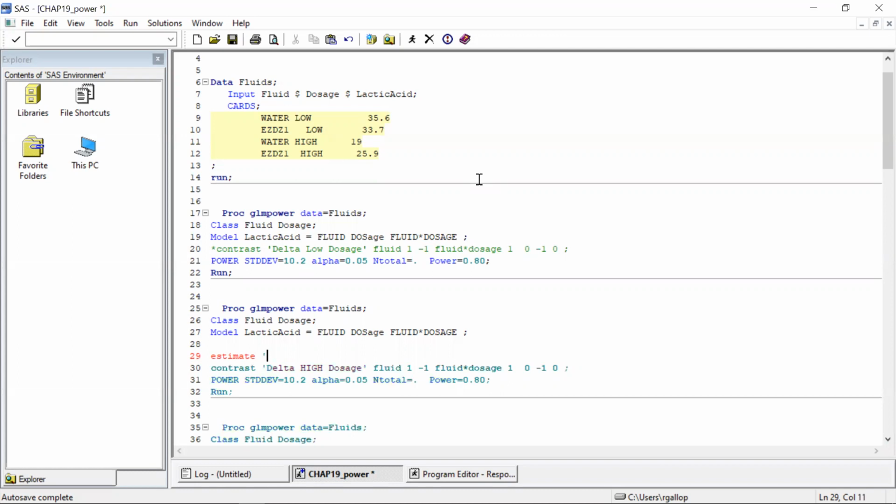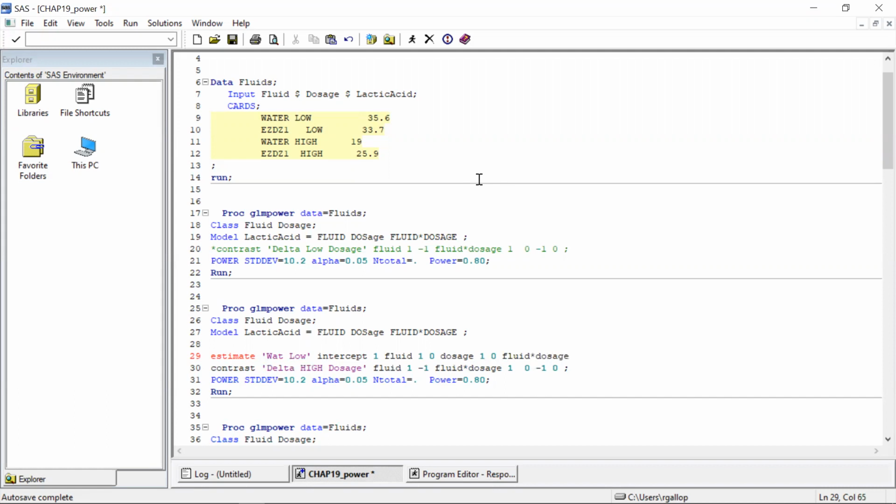But if we go here, I'm going to call this water low. It'd be intercept 1, fluid level 1, 0, dosage 1, 0, and then fluid star dosage.